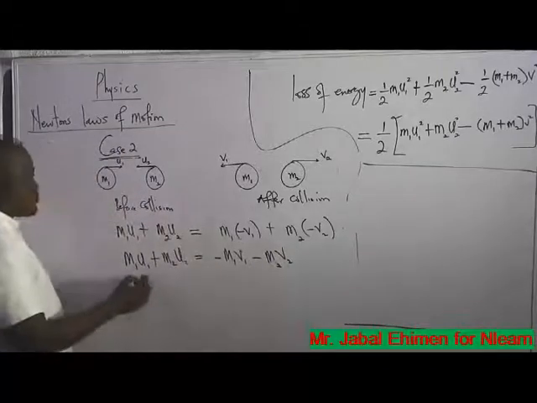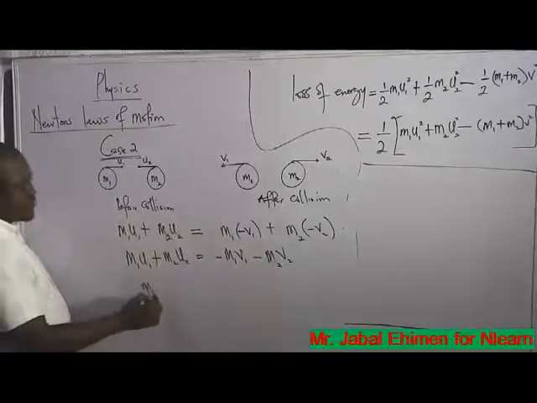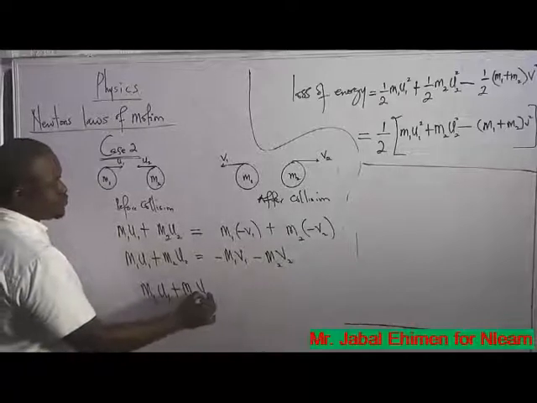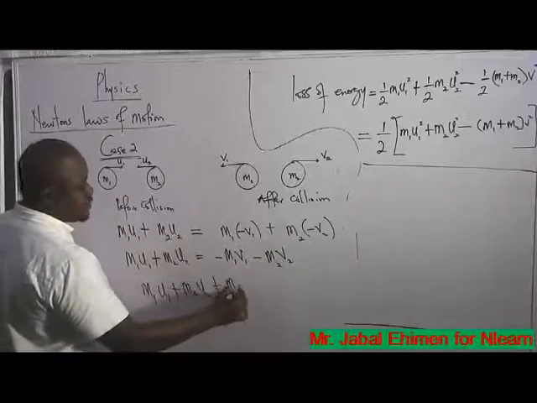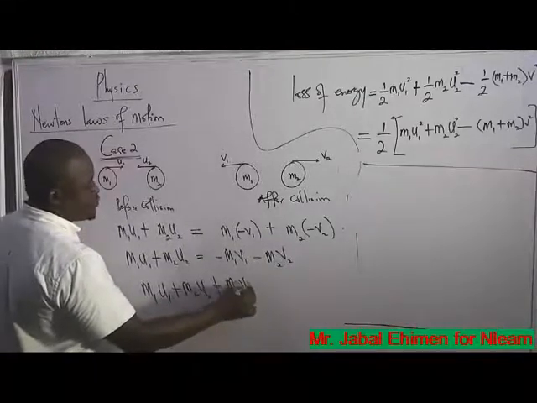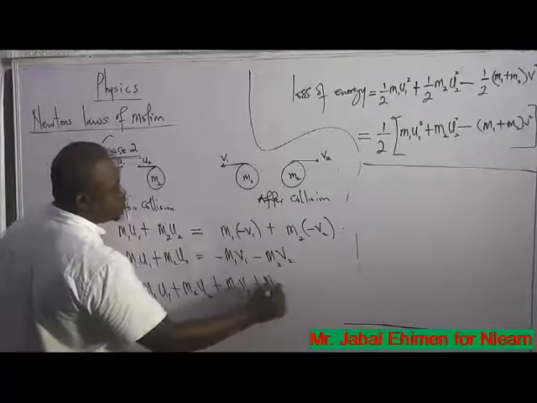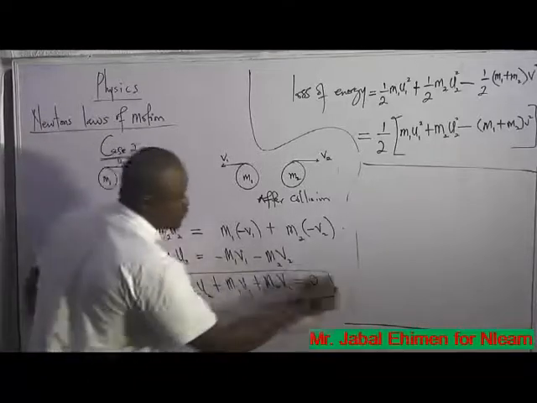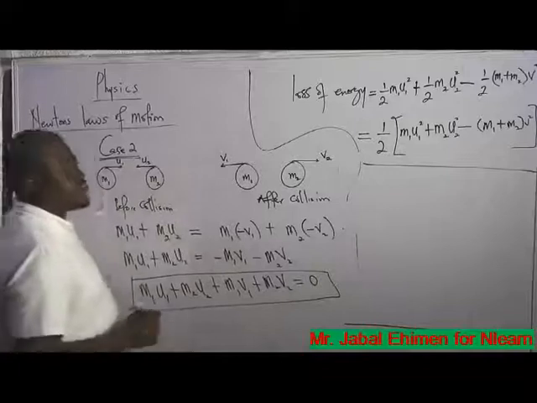So that gives us M1 U1 plus M2 U2 plus M1 V1 plus M2 V2 equals 0. So you consider this as the second case.